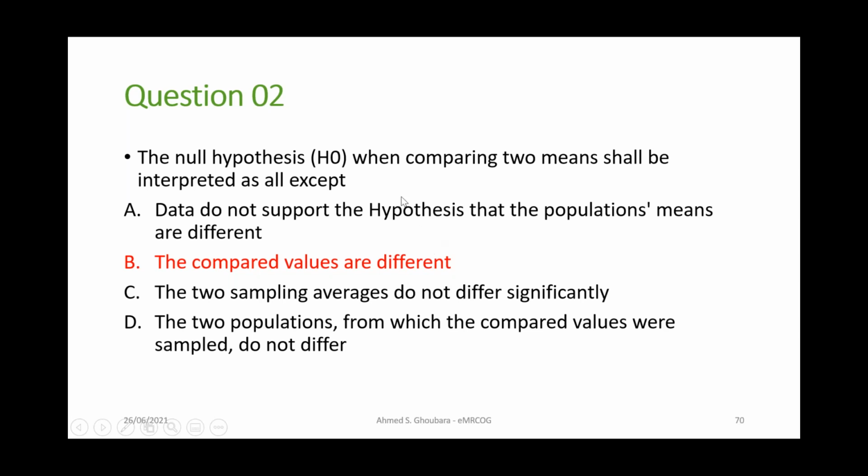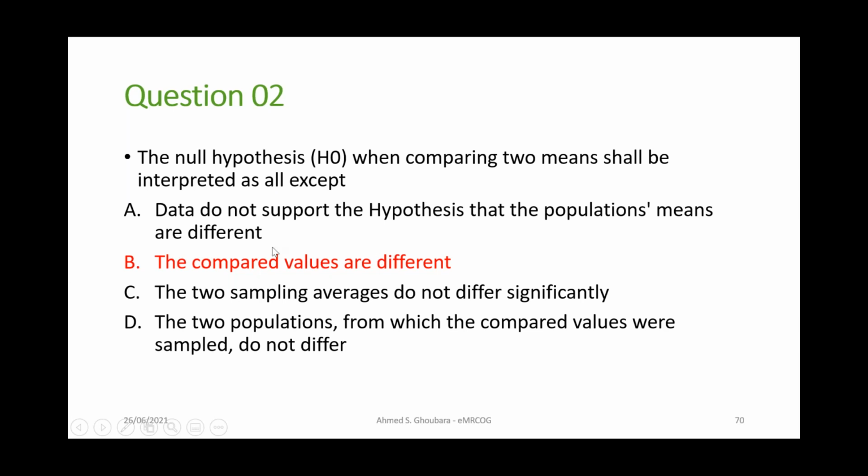Okay, guys, are you clear to this point? Sir, does that mean that all the other options are indicating the same thing and option B is not? So choice A, choice C, choice D are all correct about the same thing, the interpretation of the null hypothesis.